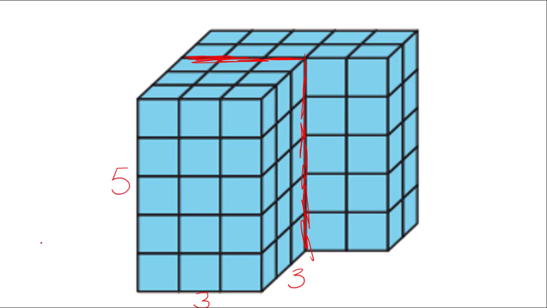So I've got length times width in parentheses times height. 3 times 3 is 9. Bring down what you haven't done. 9 times 5 is 45. So 45 is the volume for this one.